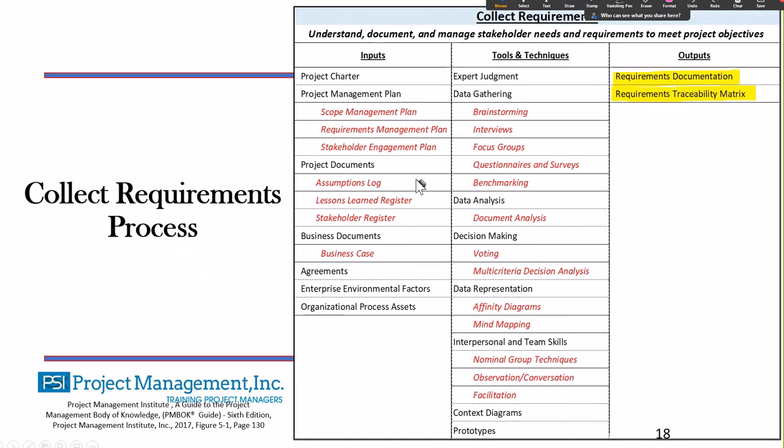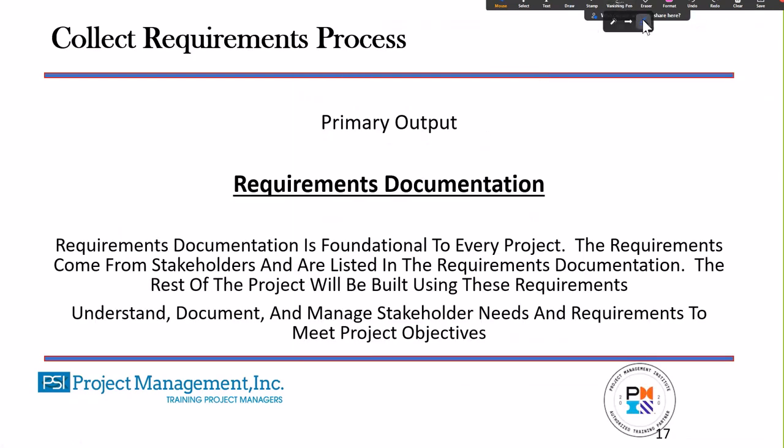Requirements documentation. The requirements documentation will give us the key requirements for this project, and the rest of the project will be built using these requirements. We're going to document them. We're going to manage stakeholder needs and expectations, and we want to understand what those are.